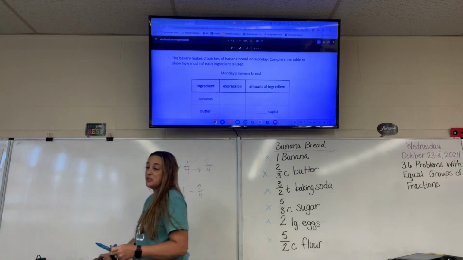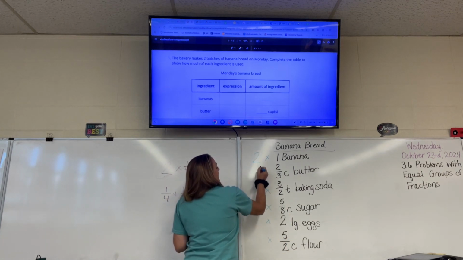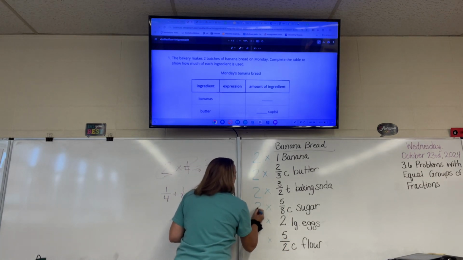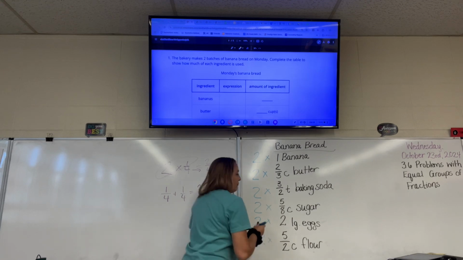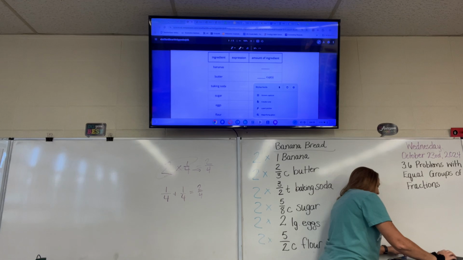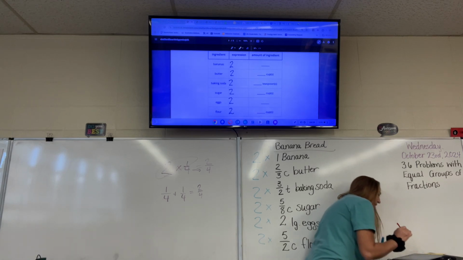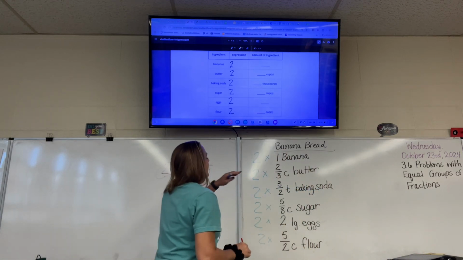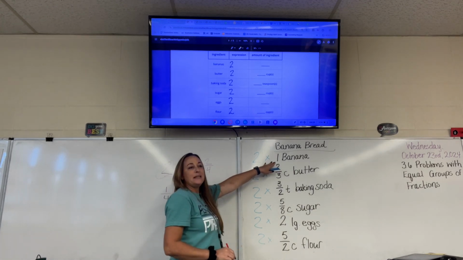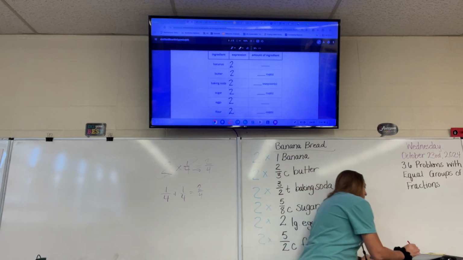So instead of multiplying by 1 group, we're going to multiply by 2 groups. So for all these expressions, we're going to put a 2 out front. And that's what we're going to do all the way down on this chart. Hands down, please. So we're going to put a 2 right here all the way down. Okay. And then we have to go back to the recipe to see what we're multiplying that 2 times.